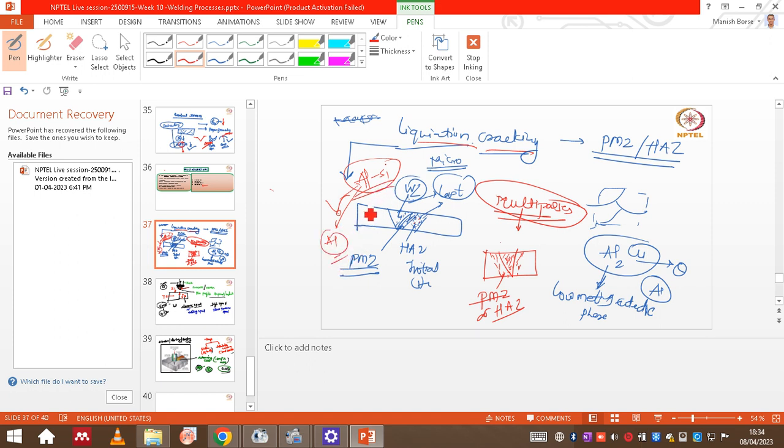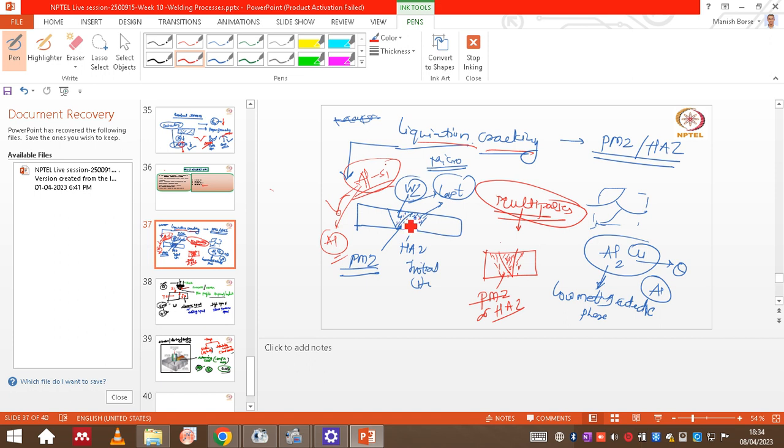Lower freezing temperature means liquid will always be present in the last fusion zone because of the addition of this low melting filler material like aluminum silicon. Obviously the stresses will be maximum at the last solidifying region, meaning in the fusion zone. So that is one of the ways.